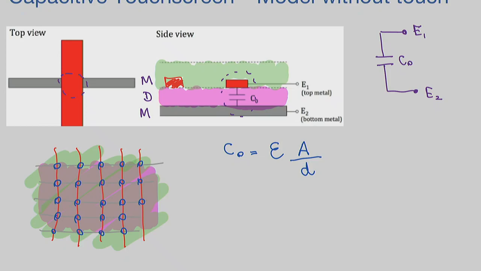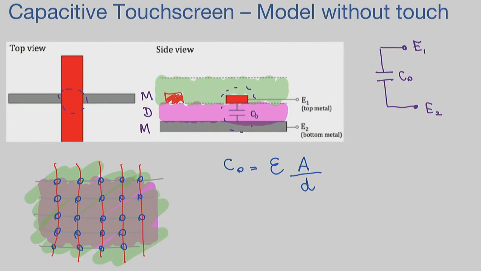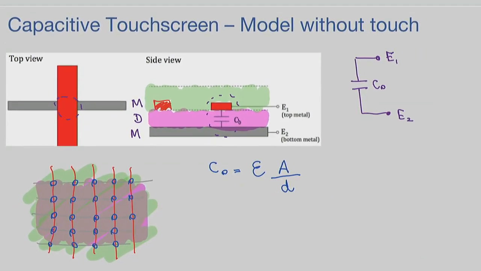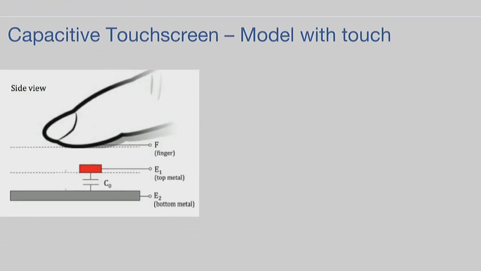Clear? Okay, but this is what's happening with a capacitive touch screen if we're not touching it. Now, touching the capacitive touch screen is part of its operation. So we have to consider what happens to this capacitive touch screen when we introduce our touch there and how it would look like.